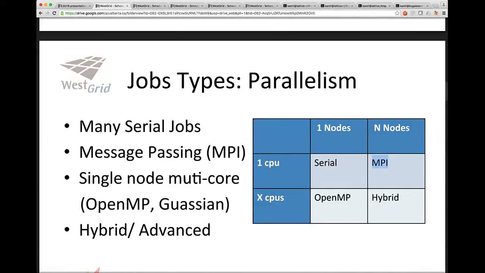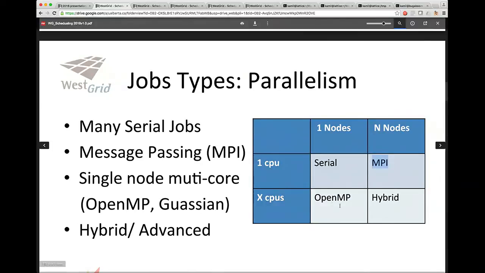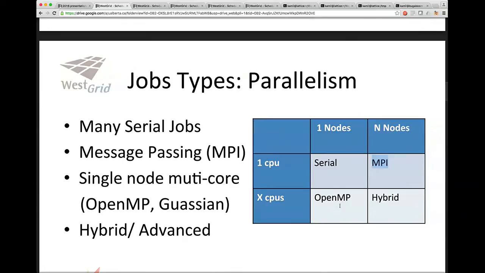Next is the single node multi-core job. So this is an OpenMP or Gaussian type job, or threaded job. This is a job that usually communicates by passing information inside a system's memory. So in this case, all the cores have to be on the same node.